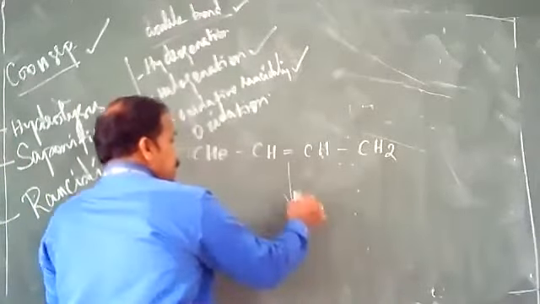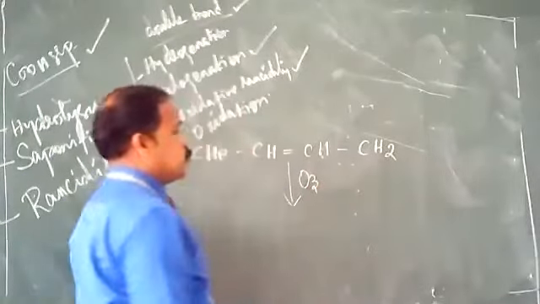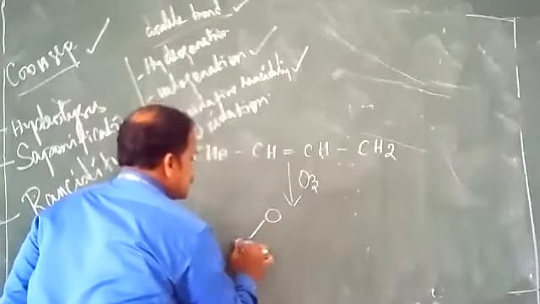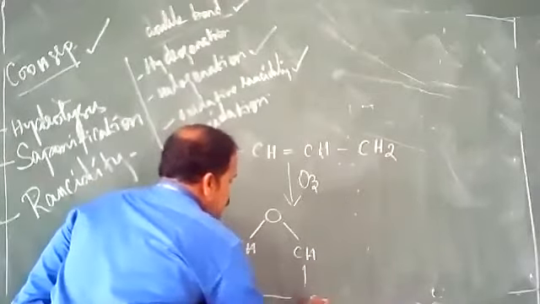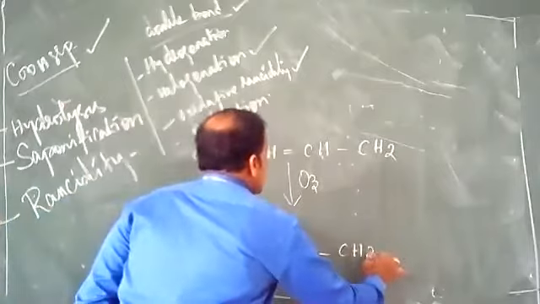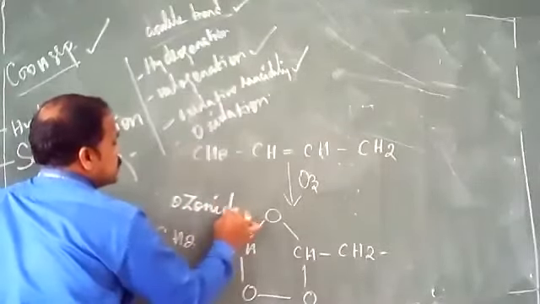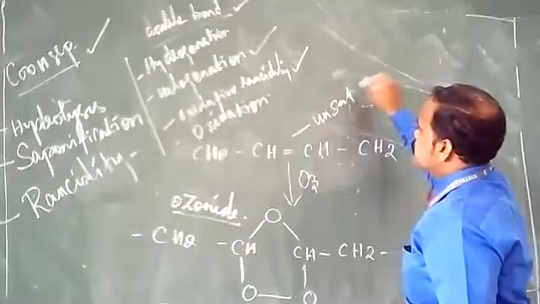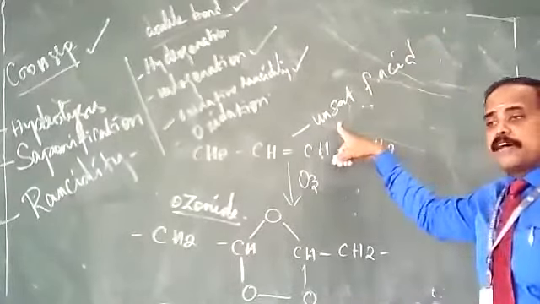Here when it is oxidized by O3, ozone, an oxidizing agent, it oxidizes the fat. It becomes unstable and forms an unstable structure, which we name as ozonide. This is the representation of an unsaturated fatty acid.